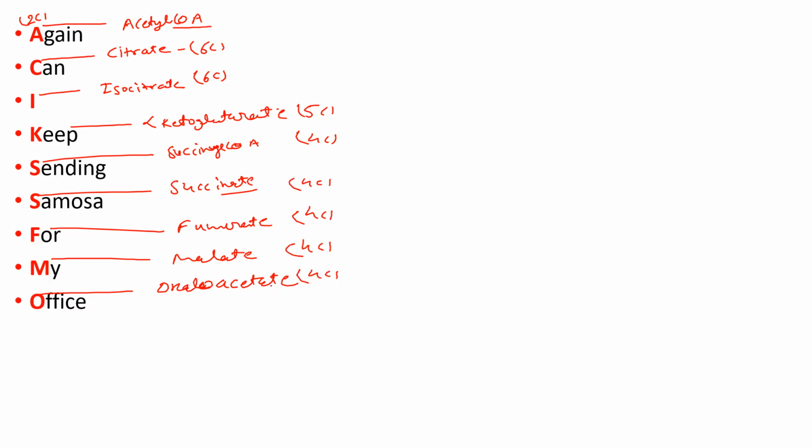Okay. Now next thing is where the NADH is produced. When decarboxylation takes place, so one is here CO2 is released, so here NADH is produced. Again here CO2 is released and here NADH is produced. And last NADH is produced at the last step.